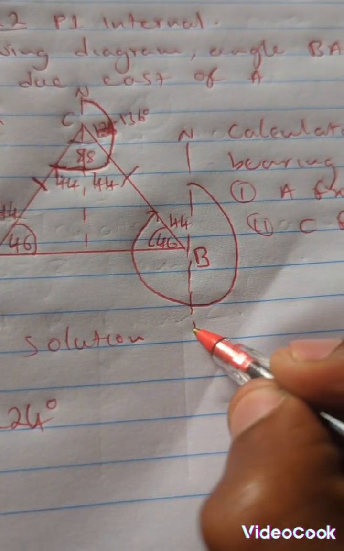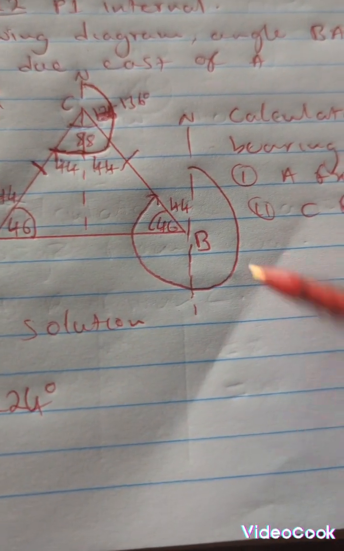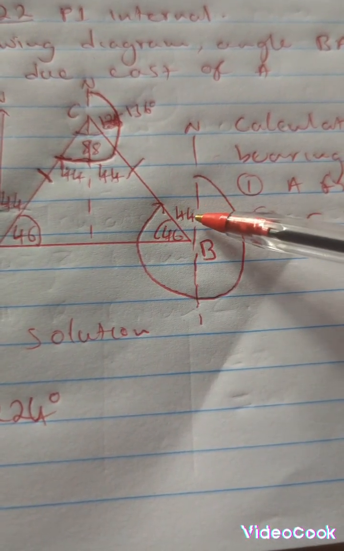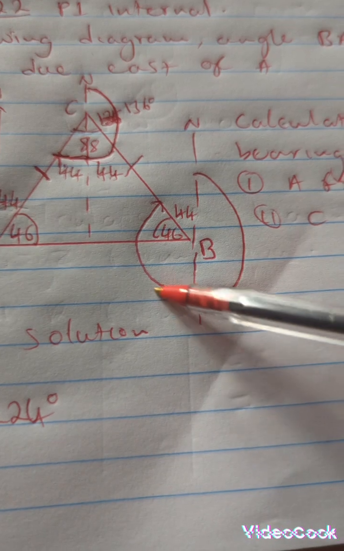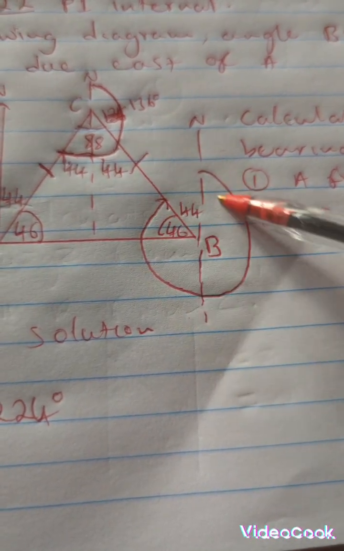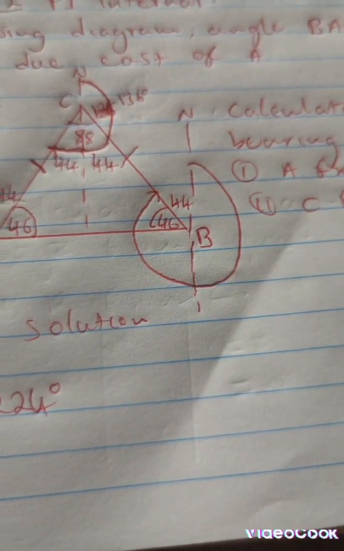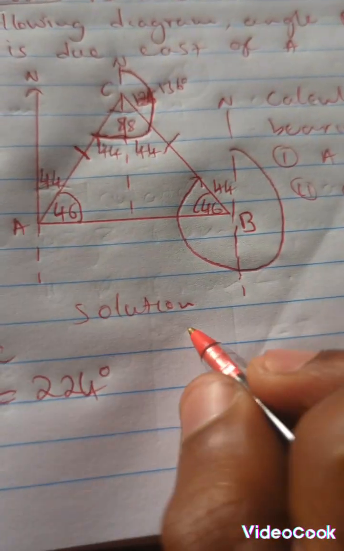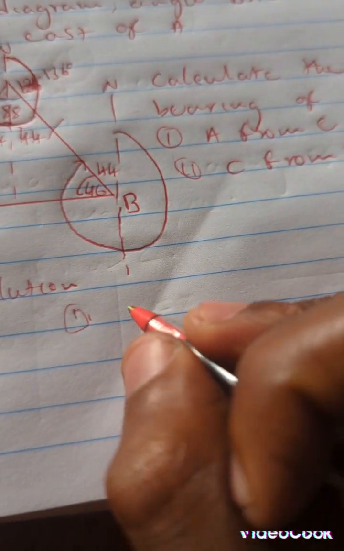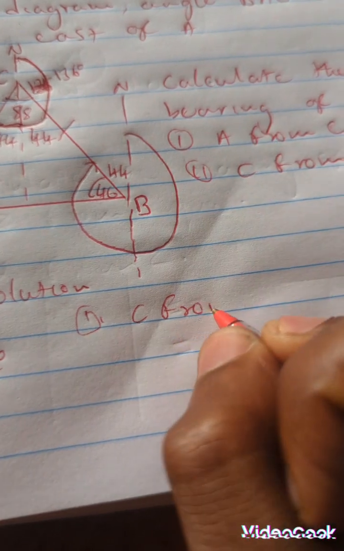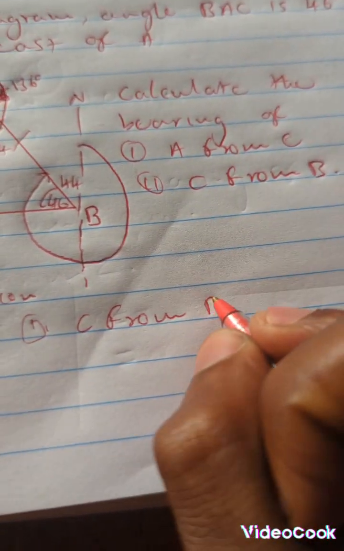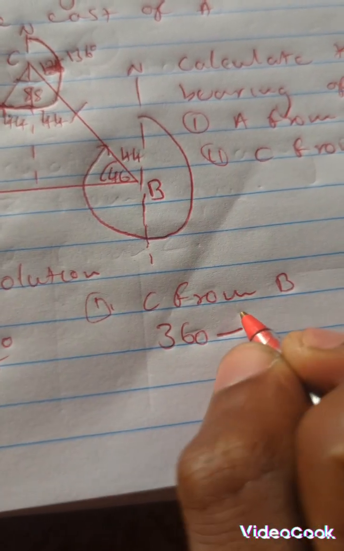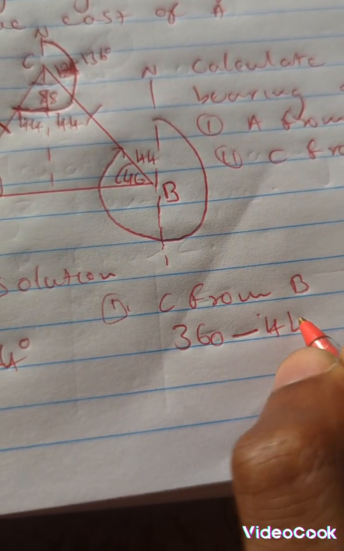So we need this entire thing, and then we all know that here there's 44, and then we learned in the first lesson a circle is added up to 360. So we are going to subtract for the second one, C from B. So we're going to say a circle is added up to 360 minus 44.